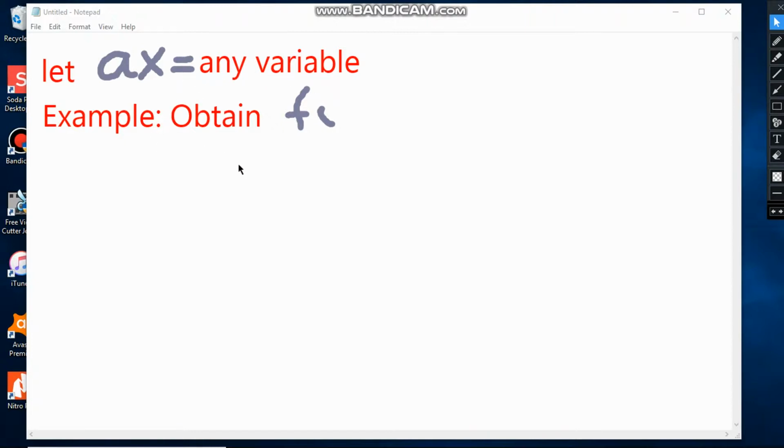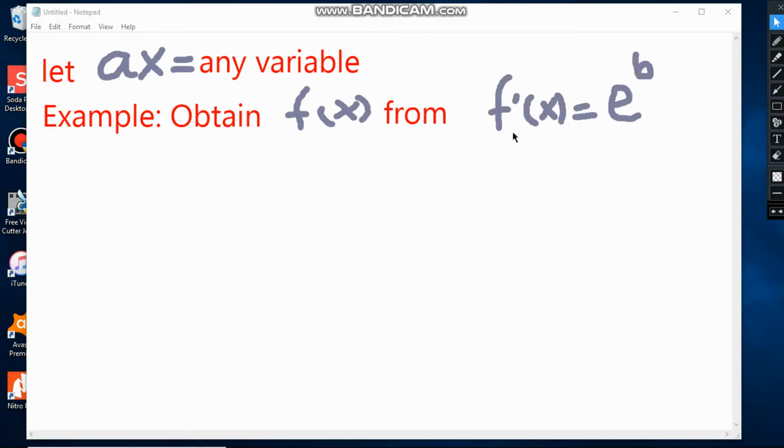Example: obtain f of x from its first derivative, which is equal to e raised to bracket bx plus 1. So to get this, as we saw earlier, we must let this power be equal to any variable.